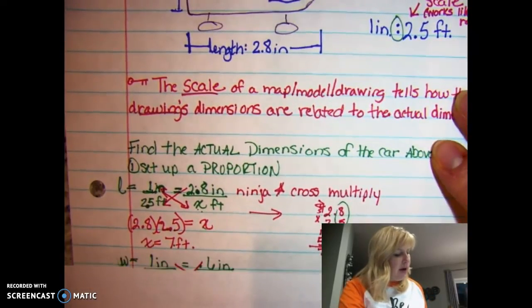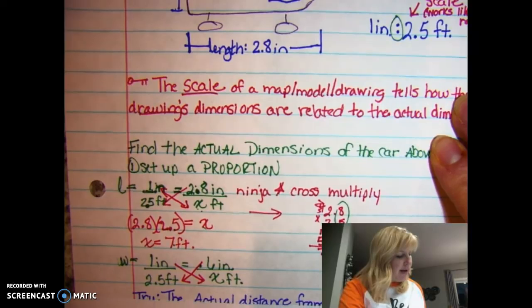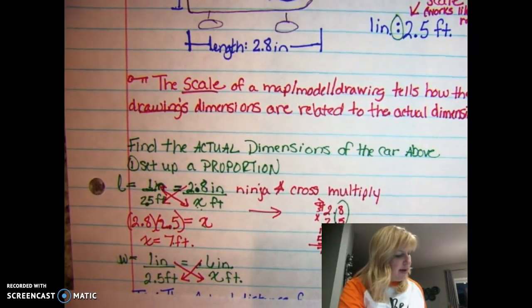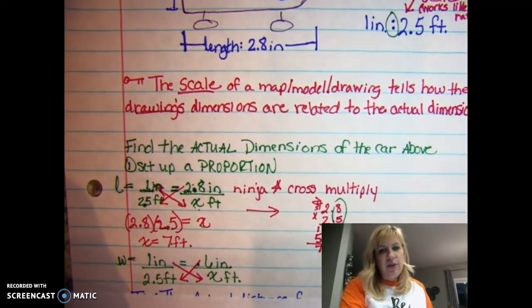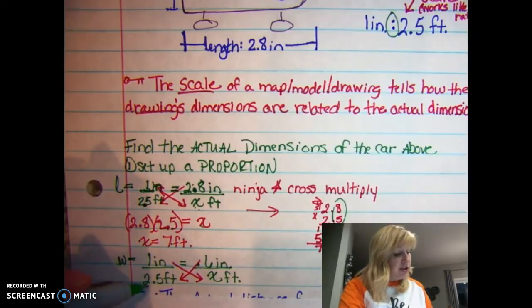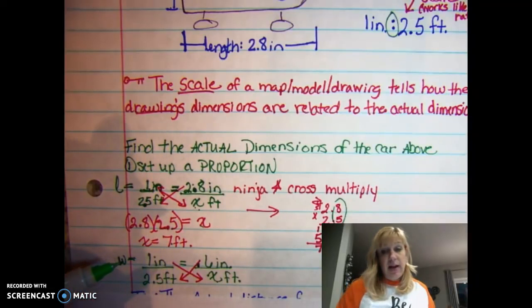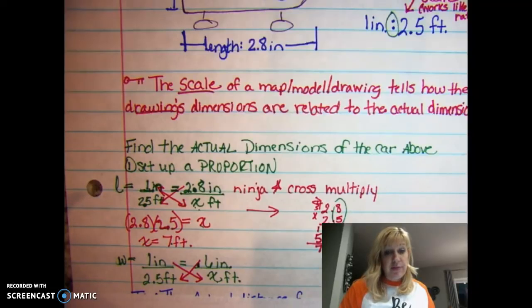All right, so now I want you to try this, the width. So why don't you go ahead and pause the video. I've already set up the proportion to give you a little help: 1 inch is to 2.5 feet as 0.6 inches is to x feet. Okay, so set up that cross product and then do some figuring.